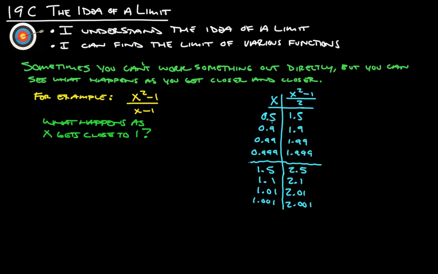Okay, so I took the liberty of plugging in some values ahead so we don't have to calculate them all out ourselves. But anyway, you plug in 0.5 and you get 1.5. Plug in 0.9, getting closer to 1, 1.9. And as you can see, as we get closer and closer to 1 on what we call the negative side of 1, because here's 1 on a number line, right?